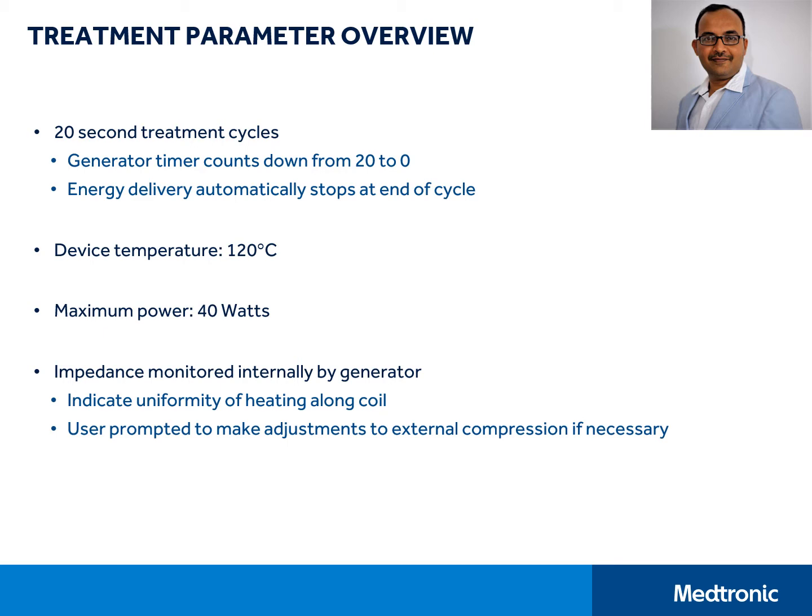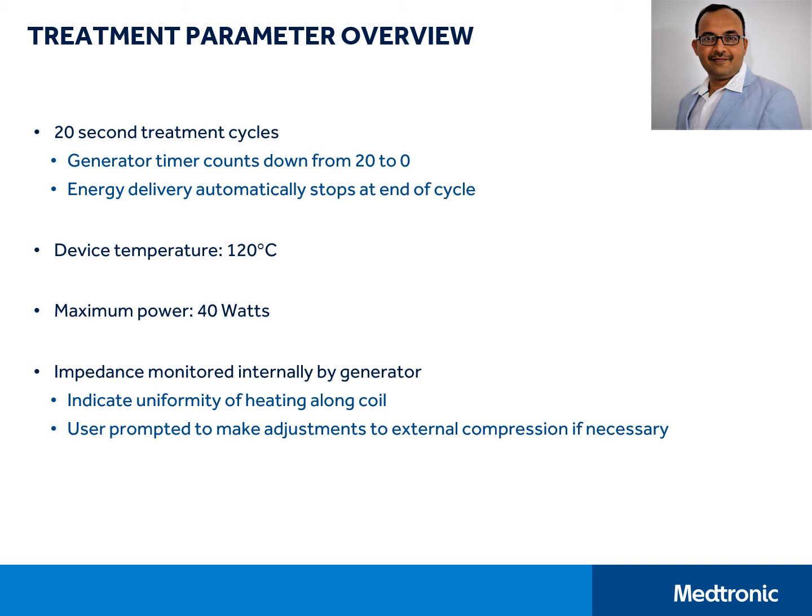The maximum power generated by this ClosureFast system is 40 watts. But once the power requirement goes below 15 watts, that means that segment's thermal ablation is achieved satisfactorily. While you are doing this thermal ablation, if the power requirement has not gone below 15 watts on that segment, then repeat the procedure until the power requirement goes below 15 watts.